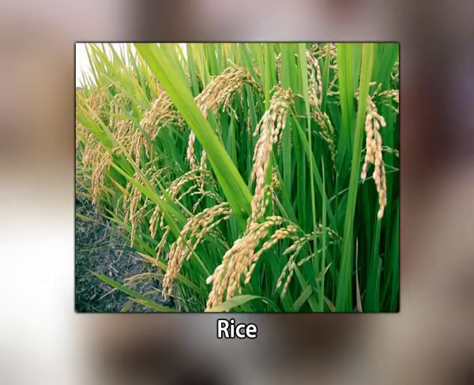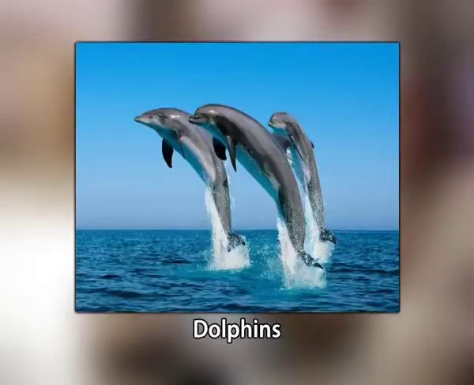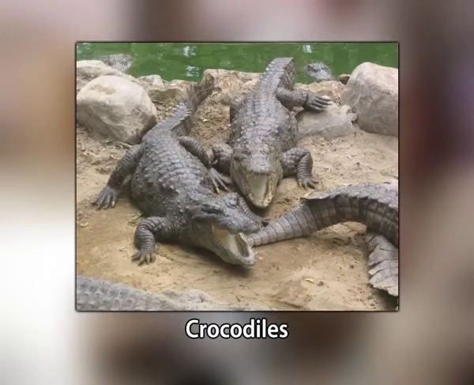Larger parts of the coastal plains are covered by fertile soils on which different crops are grown. Rice is the main crop of these areas. Coconut trees grow all along the coast. The natural vegetation consists of mangroves. Animal species including dolphins, crocodiles and avifauna are also found here.